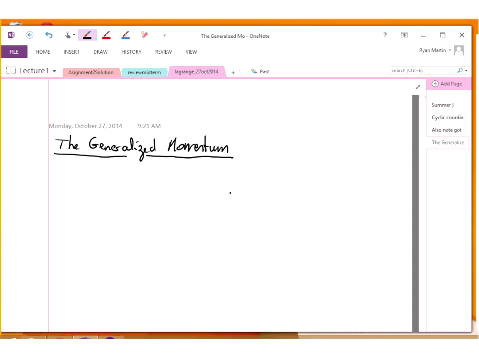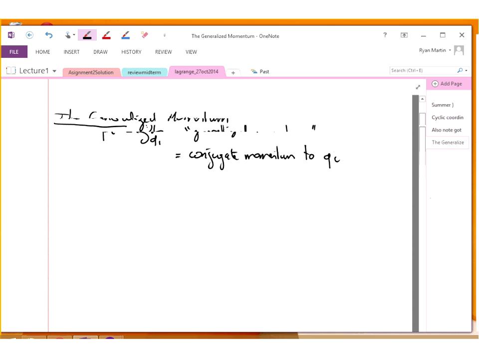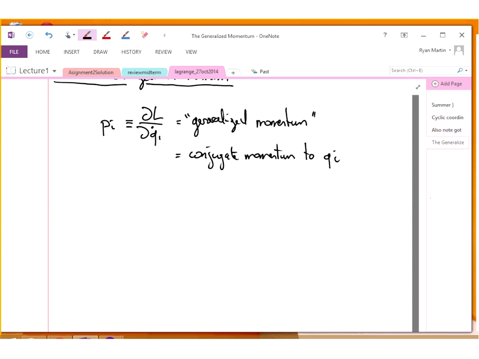And that's what we call a generalized momentum, and it's also the conjugate momentum to q_i. So it doesn't necessarily have units of momentum, just like generalized force didn't necessarily have units of force.